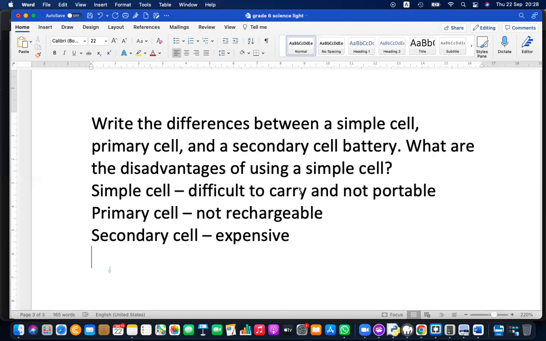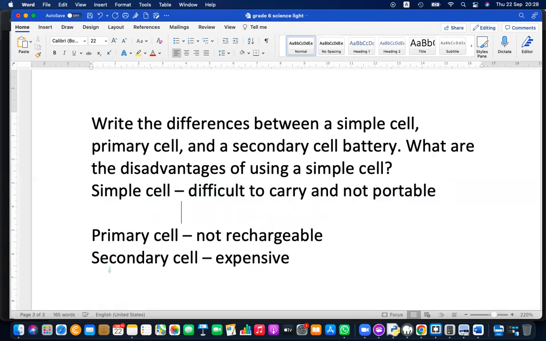Actually, you can say one disadvantage each. Simple cell difficult to carry. Primary cell and secondary cell easy to carry. If we write it in the table, there are 3 points. Simple cell difficult to carry. Primary cell easy to carry. Secondary cell easy to carry. Not rechargeable and the simple cell is also not rechargeable. This is also not rechargeable.